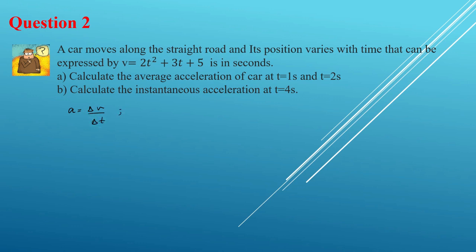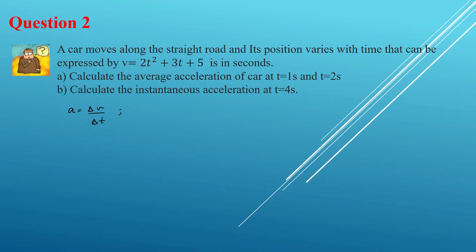So it's kind of similar to average velocity. In average velocity, we're dealing with delta x over delta t. And for the average acceleration, we're going to work with the change in velocity over time, okay?